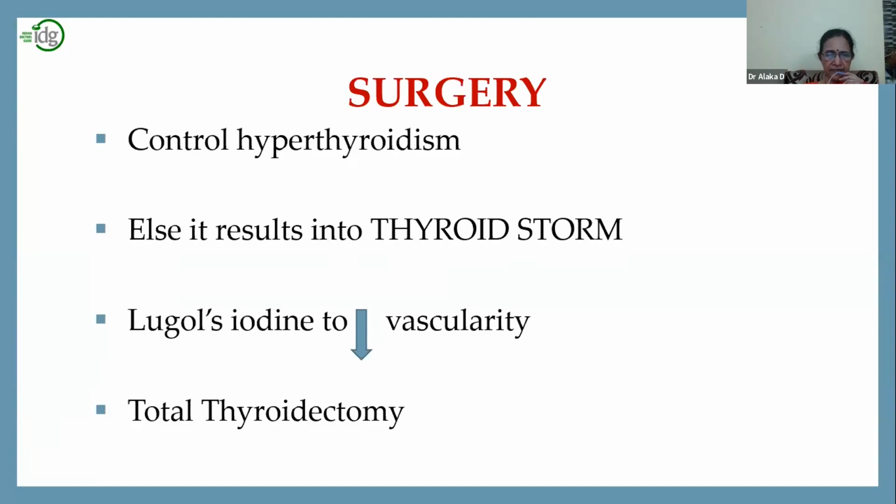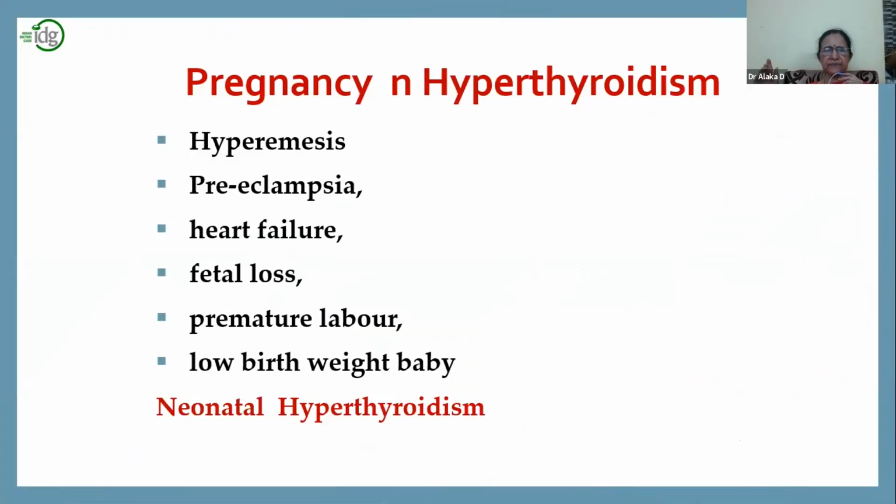Then for the goiter, you can subject him to surgery, because there is a psychological fear in that patient. Lugol's iodine is given to decrease the vascularity. Nowadays, total thyroidectomy is done. And therefore, after total thyroidectomy, this patient will require thyroxine lifelong. Otherwise, he will be hypothyroid. So this is about the surgery.